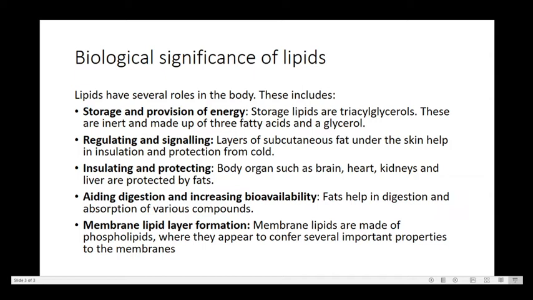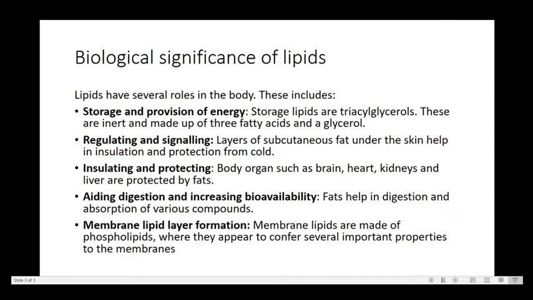Unlike other body cells that can store fat in a limited supplies, fat cells are specialized for fat storage and are able to expand almost indefinitely in size. Now the next role is regulating and signaling.